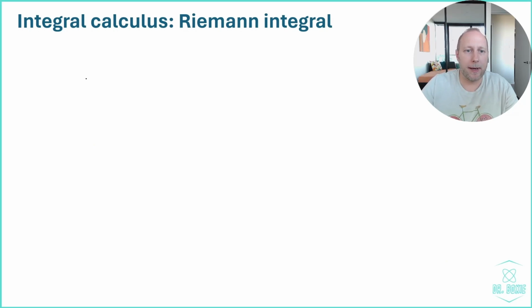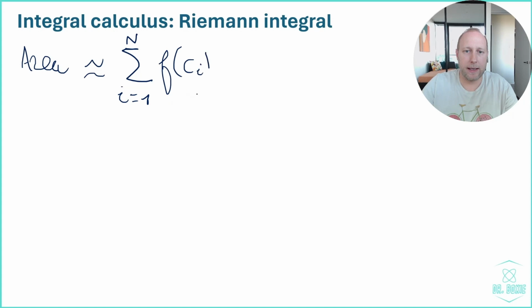And so the area we are looking for is approximately equal to the sum for i going from 1 to n of f of ci delta xi. And this sum is known as the Riemann sum.